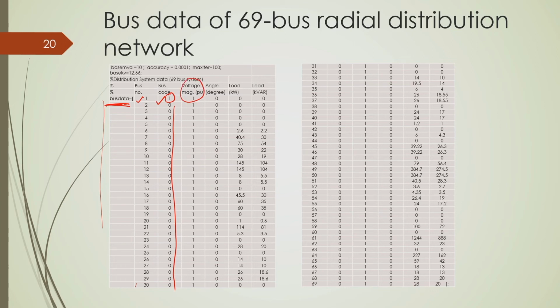Then column 3 and column 4 are the gauge values of bus voltage and node voltage angles respectively, and column 5 and column 6 represent the load active power demand and load reactive power demand in kilowatt and kVAR.